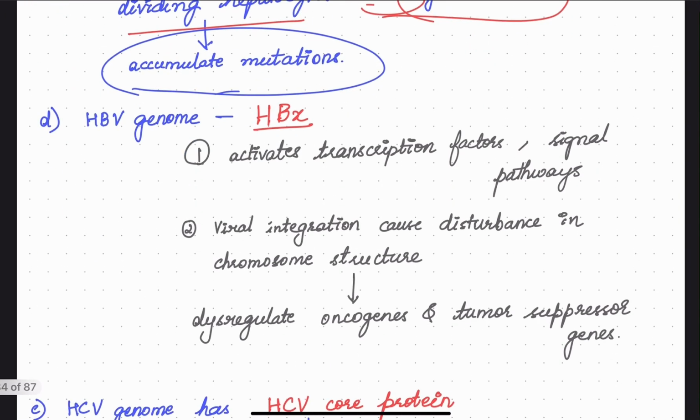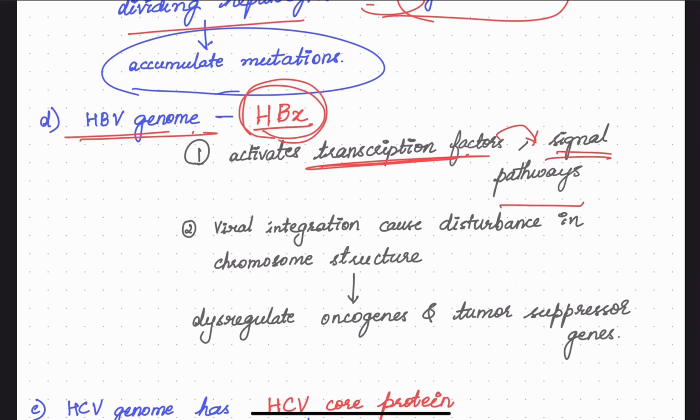Another mechanism is the HBV genome. The HBV genome carries the HBx component. This activates a transcription factor. The transcription factor reaches the nucleus and activates cell signaling pathways. Viral integration of the HBV genome also causes certain disturbances in the host chromosome structure.